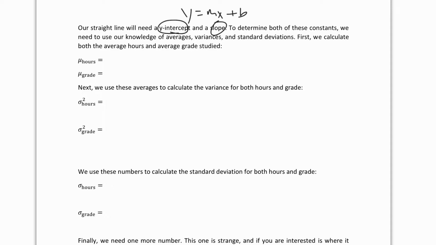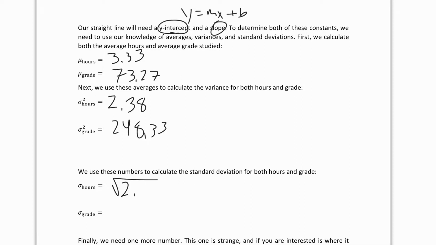So, like we had before, we had our average for the hours, which was 3.33. Our average for the grades, which was 73.27. We had our variances for the hours and the grades, which was 2.38 and 248.33. We had our standard deviations, which was the square root.